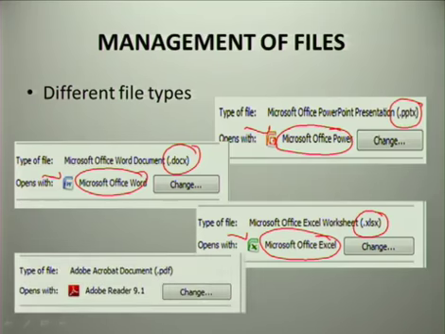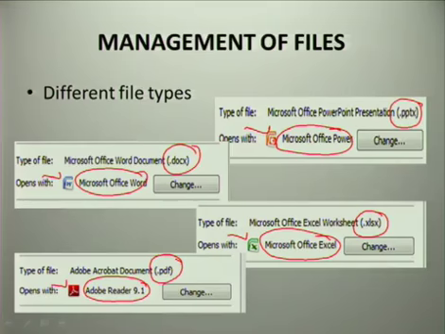Then lastly we have Adobe Reader. You can see the icon as well as the file extension. Now, this is one way of being able to identify these file types. If you want to identify the file types, you right click on your item or the document and then you go to properties, and then it will allow you to view what I'm viewing on my screen here.